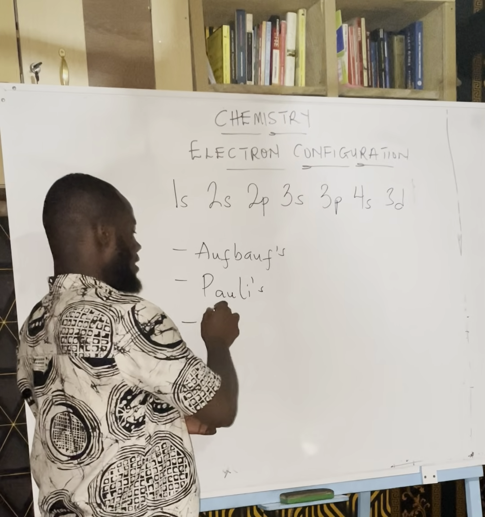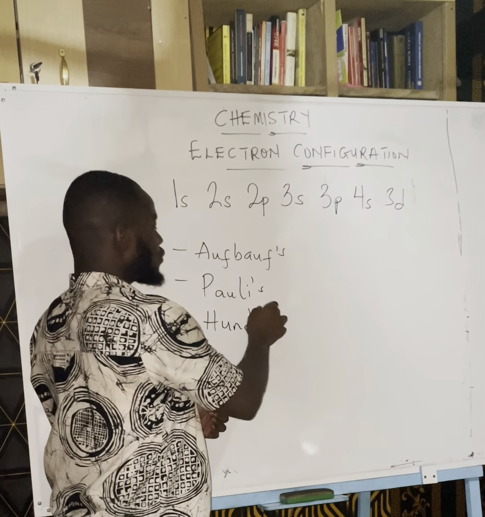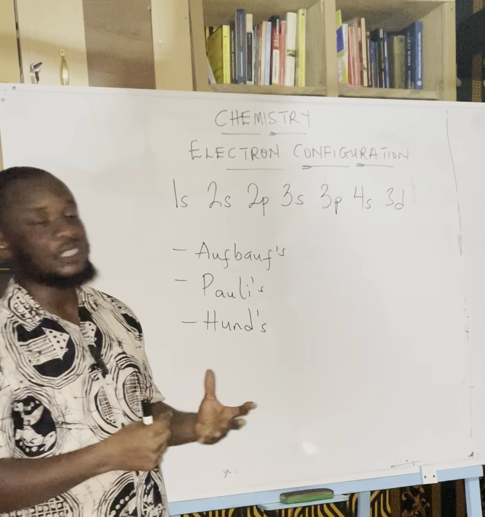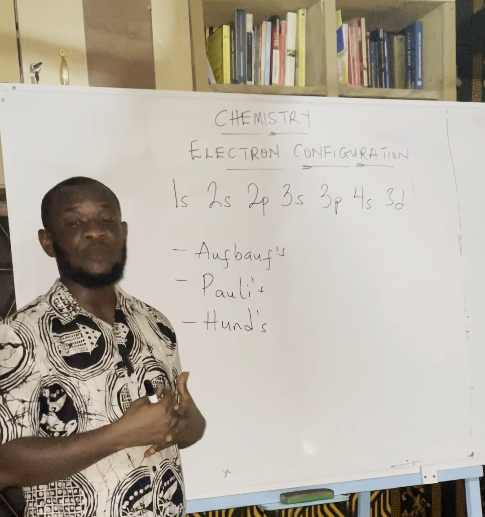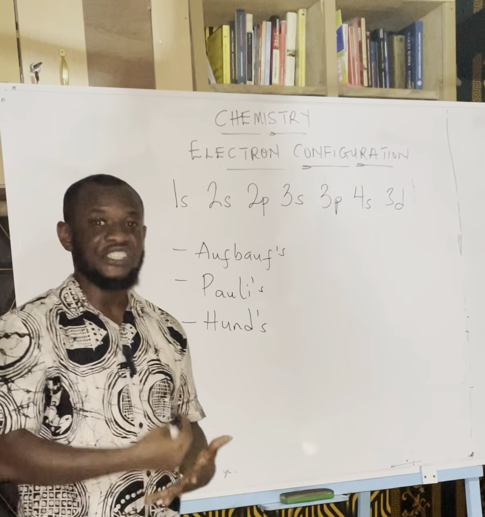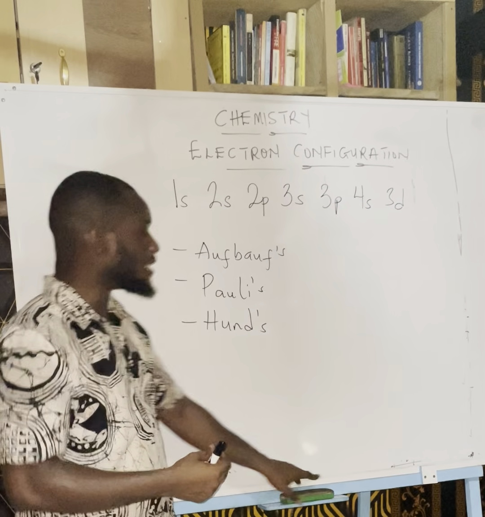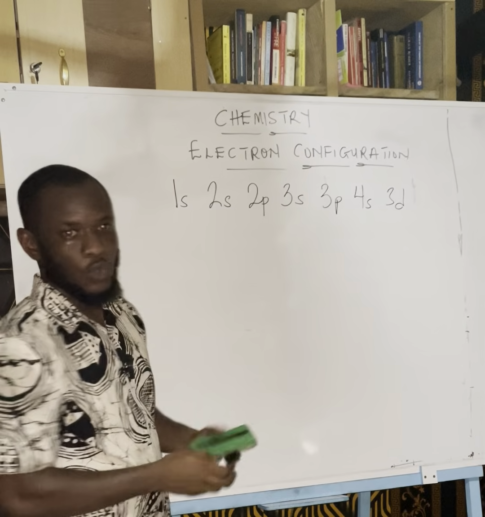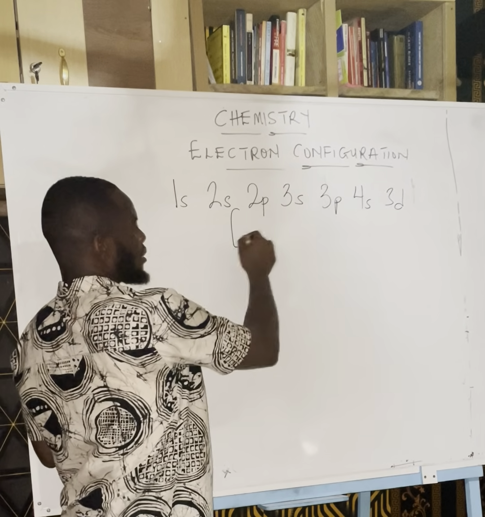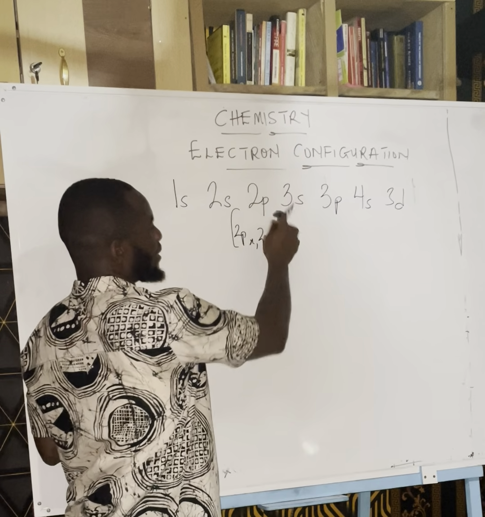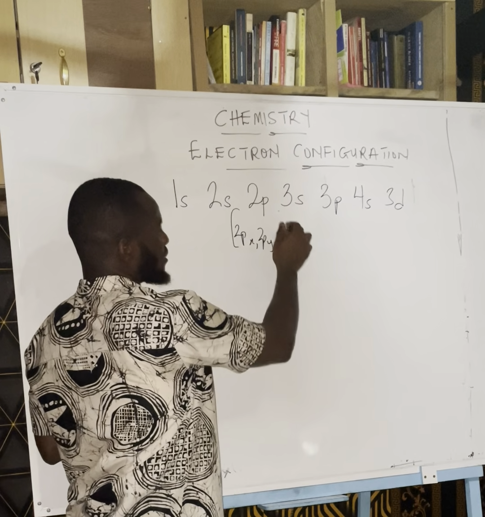The third that we saw was Hund's rule of maximum multiplicity, which concerns certain orbitals that we call degenerate orbitals. For instance, the 2p comprises 2px, 2py, and 2pz.